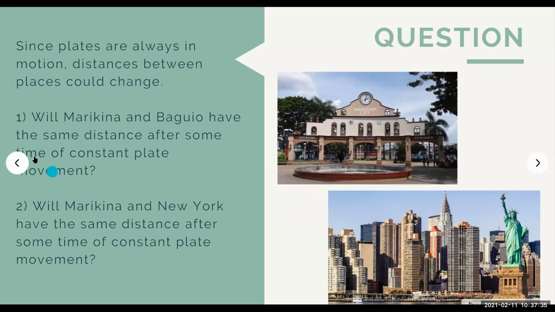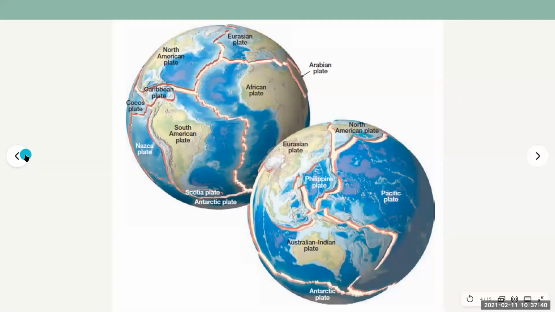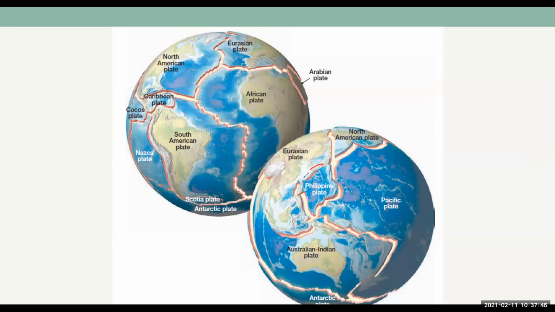Balikan natin. Why would they have the same distance? Looking here, yes, they are in the same plate because isa lang yung plate natin, the Philippine plate. Our country is located there.